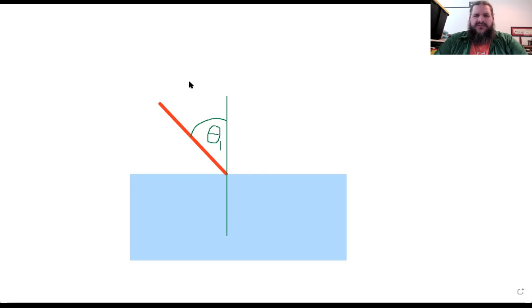And then what's going to happen to the light as it passes through? Yeah, it's going to refract, which essentially means it's going to bend, instead of going through in a straight line, which would make the same angle. We're going from air to water. What's the important difference between air and water here?